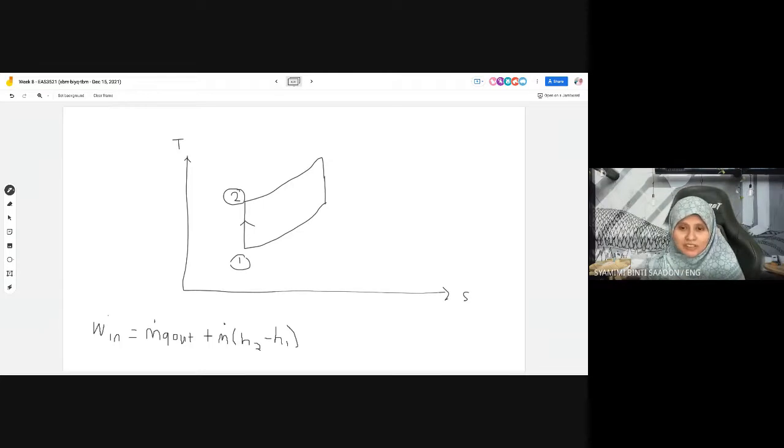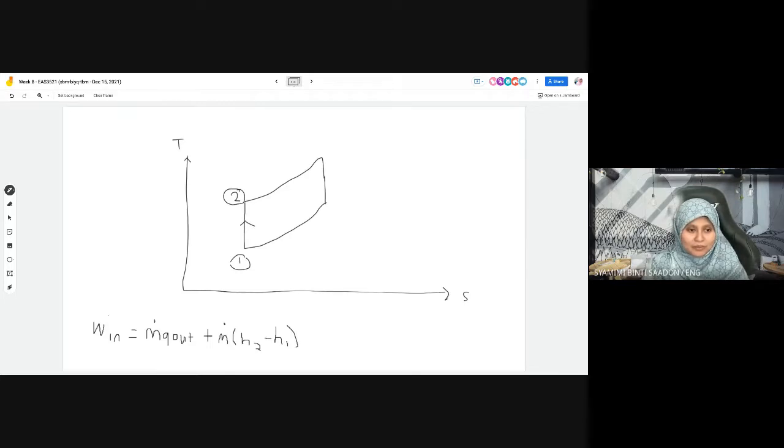Superheated water? Yes. So how are you going to read from there? How do you read superheated water? Let's try, for example, H1. How do you get H1? Okay, I'll open it.